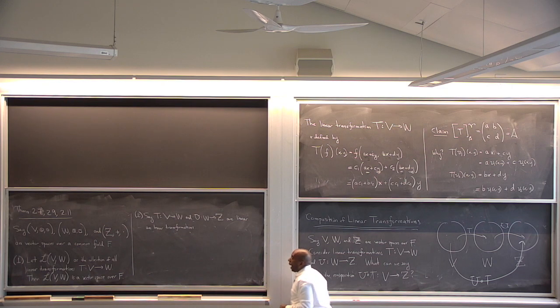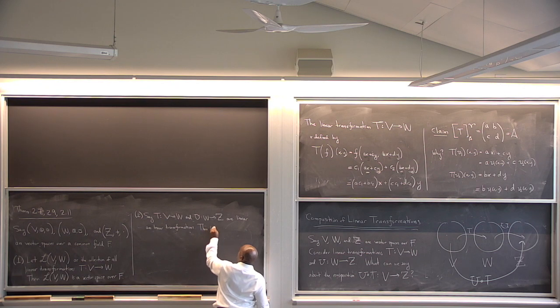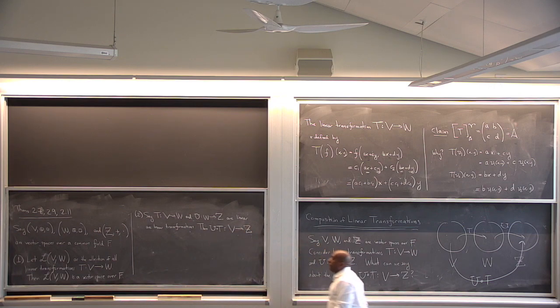Then the statement is I can look at the composition, this U circle T going from V to Z. So the statement is that this is also a linear transformation.